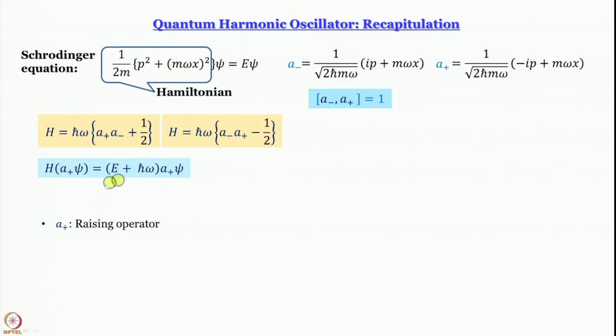So, H operates on A plus psi to give us E plus h omega multiplied by A plus psi. Now, A plus psi is not necessarily the actual wave function which is one step higher in the ladder. It could be the actual wave function multiplied by a factor, right.